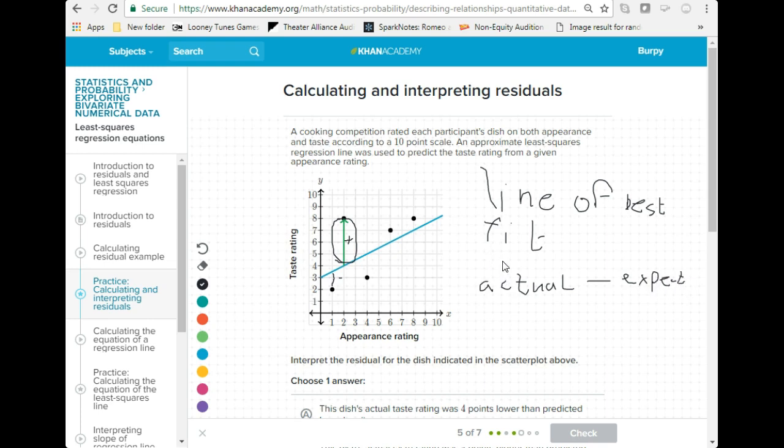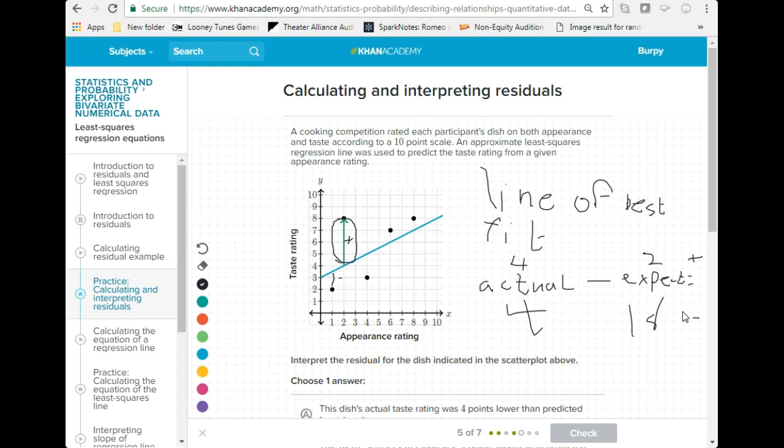The actual might be greater than expected, like 4, so that would equal a positive. But if the actual is less, like say 4 and 18, it would be a negative. So there's no absolute value in this, it's just positive and negative.